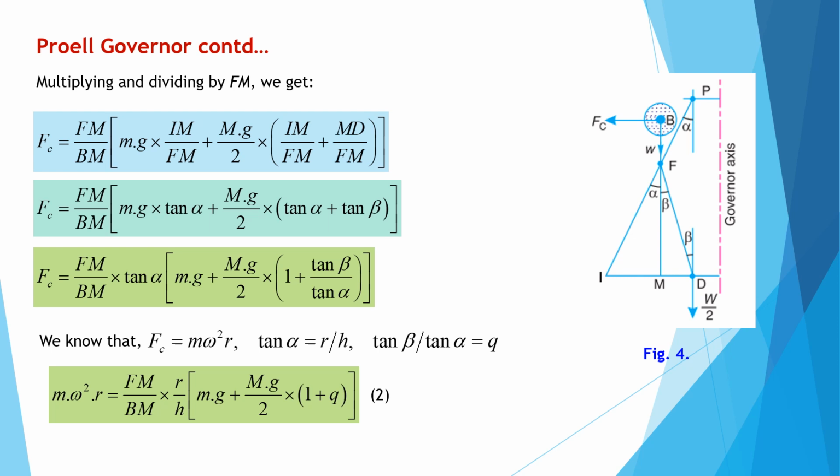And here tan alpha is the ratio of the radius of the governor to the height of the governor, and the ratio of tan beta upon tan alpha is q. Then the centrifugal force is equal to FM upon BM multiplied by R by H into the weight of the fly ball plus half of the weight of the center load into 1 plus q, as shown in equation 2.